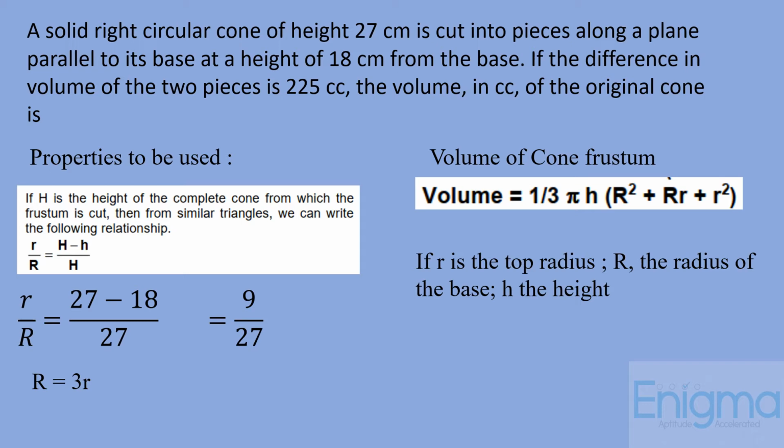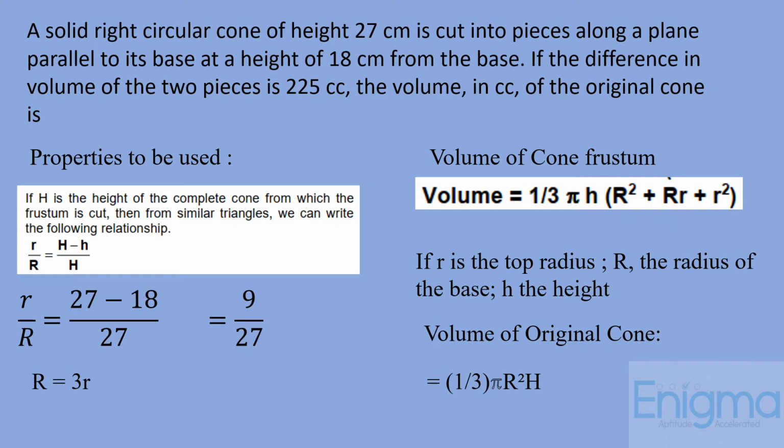Now, in this question, we are finally asked the volume of the original cone. For that, the formula will be 1/3 pi r square h. Now, we know the relationship between capital R and small r. So, we will convert the required equation in terms of small r.